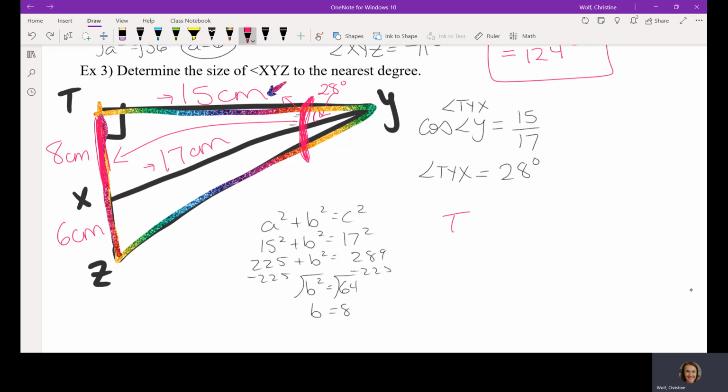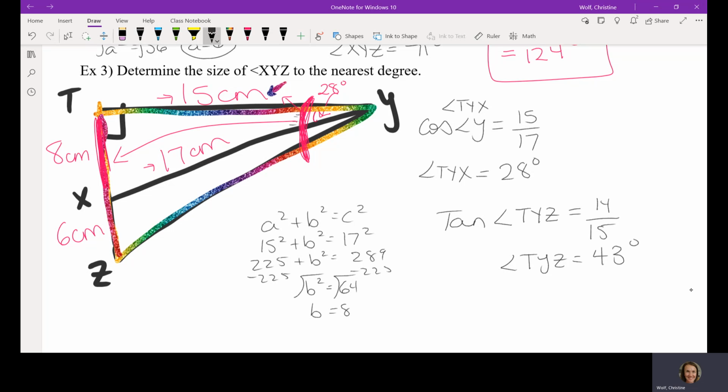So tan of my big angle, which I'm going to call TYZ, is opposite, 14, over adjacent, 15. You press shift or second tan of 14 divided by 15, and that is 43 degrees.